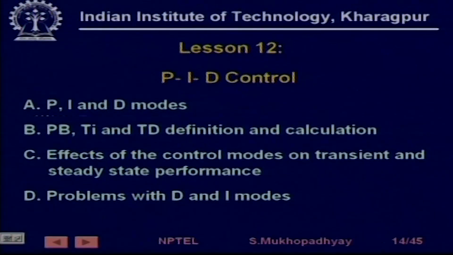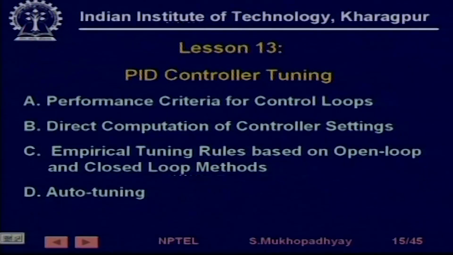We talked about the basic P, I and D modes, then the various parameters like proportional band, integral time and derivative time, and the effects of changing these parameters on the transient and steady state performance of the plant. There are some problems with D and I modes and how to circumvent them. Then we talked about PID controller tuning.